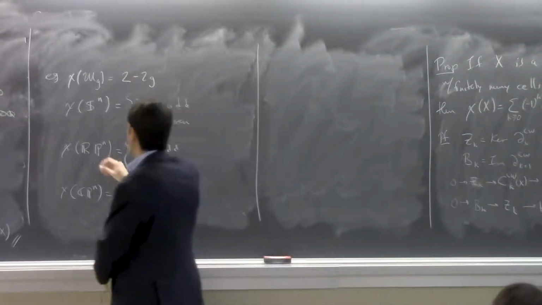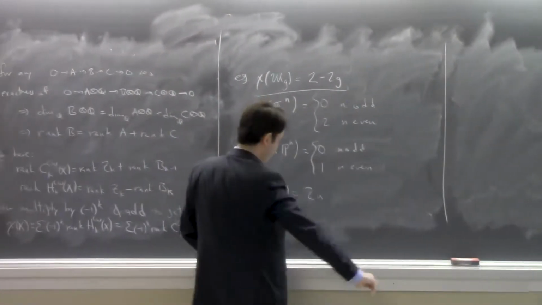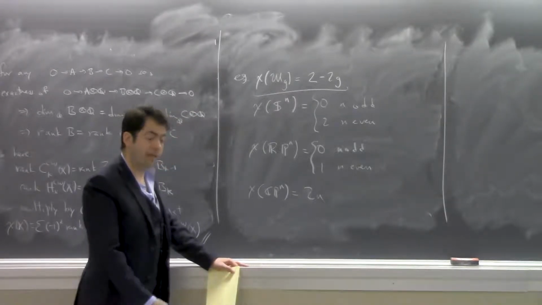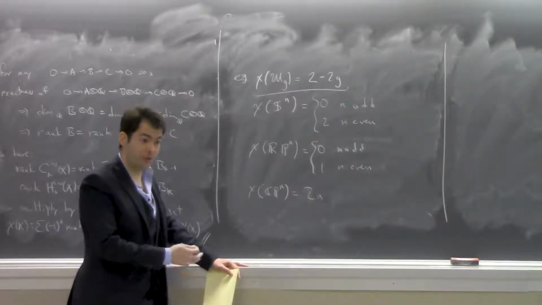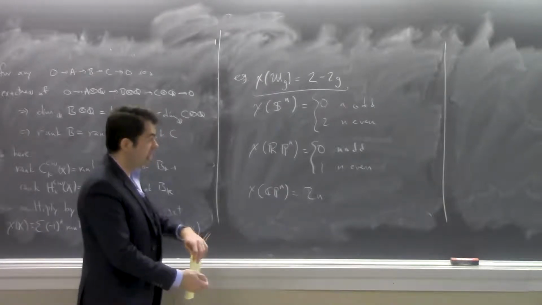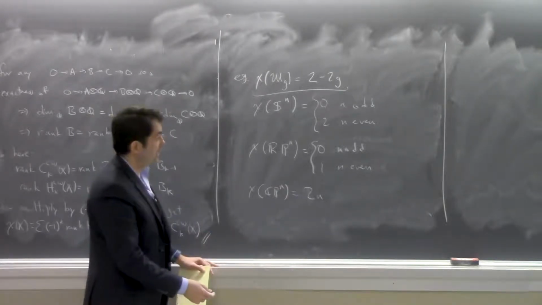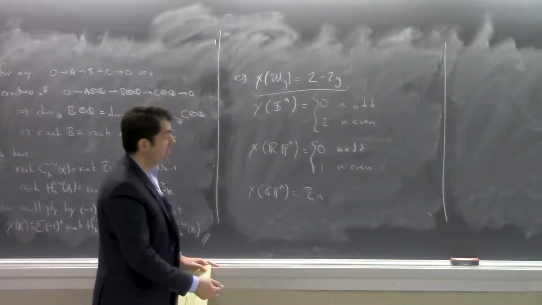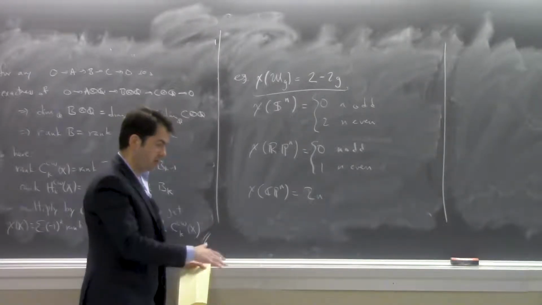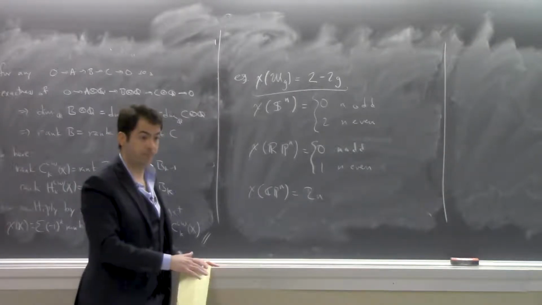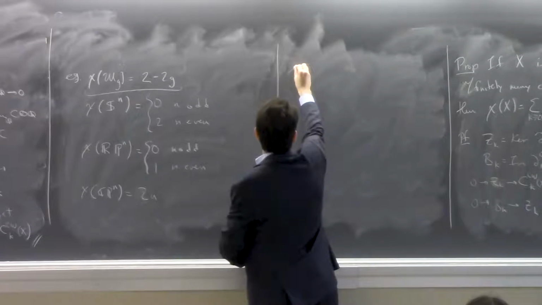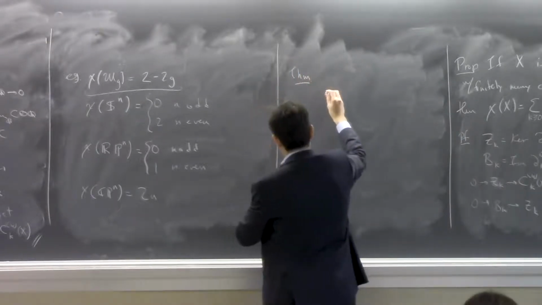Okay, so we can use this Euler characteristic of the surface to pay off a debt from earlier in the semester when we talked about covers, because a nice fact about the Euler characteristic is that it plays very well with taking covers. Here, I'll just sketch this.